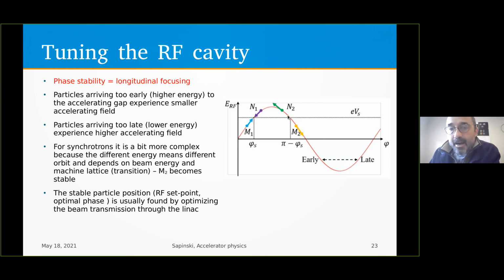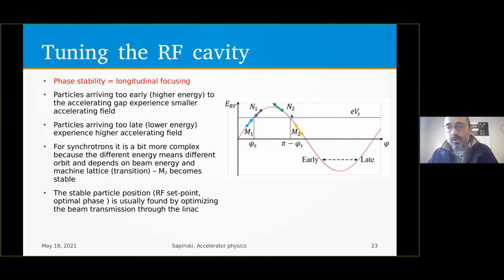Those who arrive earlier, on the phase plot, are somewhere here in this point, N2. They are accelerated more because the amplitude here is larger than this reference amplitude. The ones who arrive later, which have smaller energy, are accelerated even less.